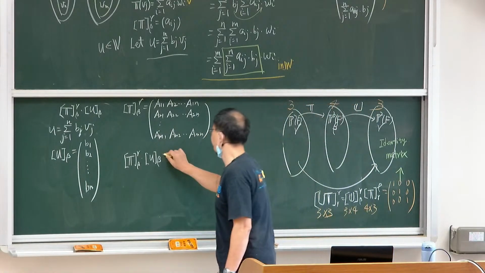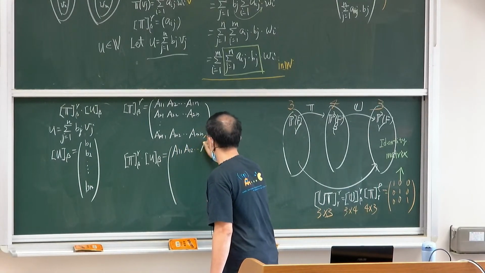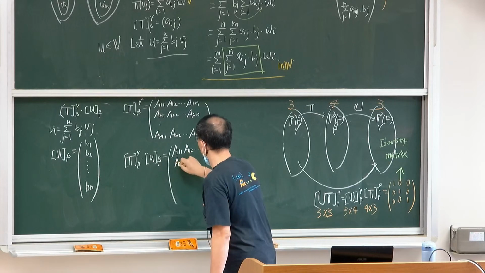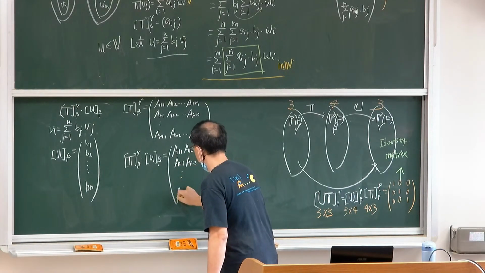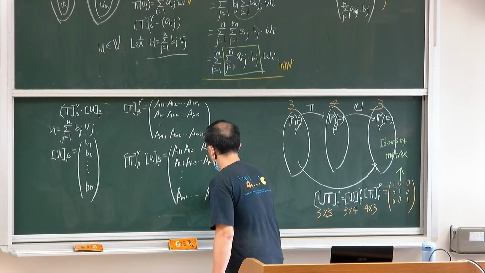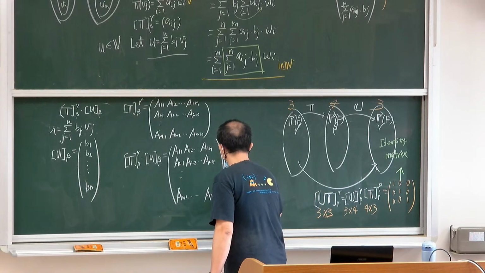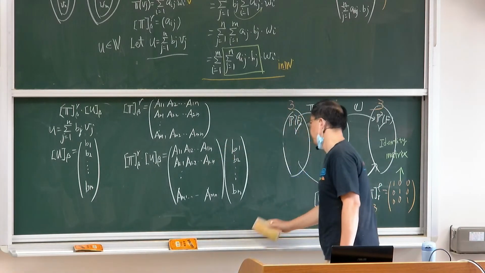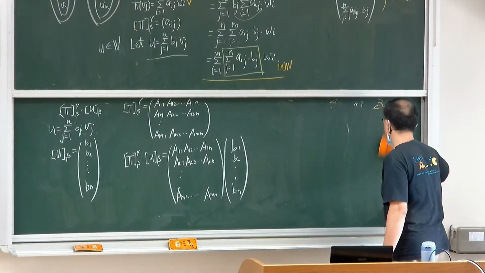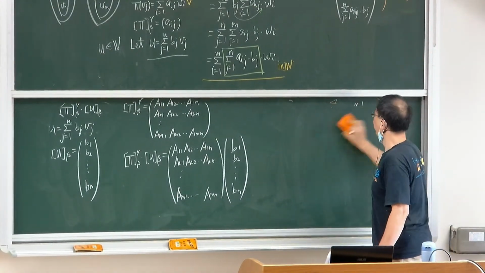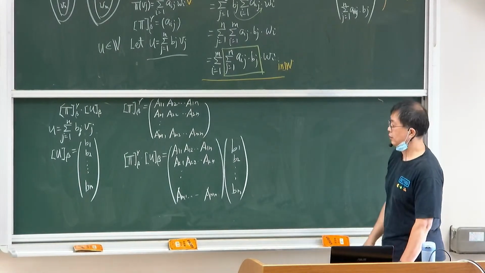Then I have A11, A12 to A1n, A21, A22 to A2n, etc., AM1 to AMN times B1, B2 to Bn. So I just take the multiplication of a matrix and a column vector.